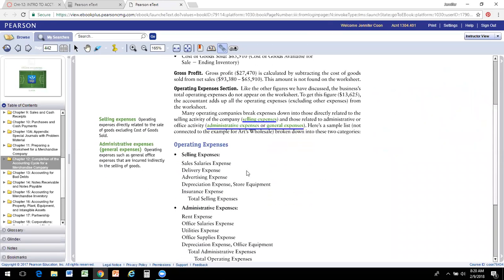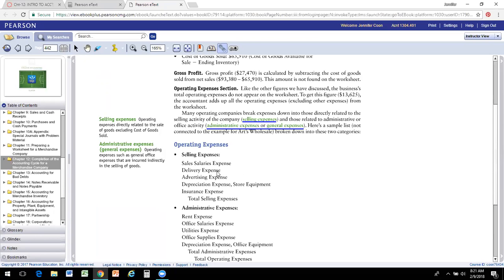So now we are going to break operating expenses out into two categories. It's going to be selling and administrative. So the way I tell students to think about this is selling expenses relate to selling the product that you have on your shelves, whatever you're trying to get rid of. So whatever ties to making that sale.